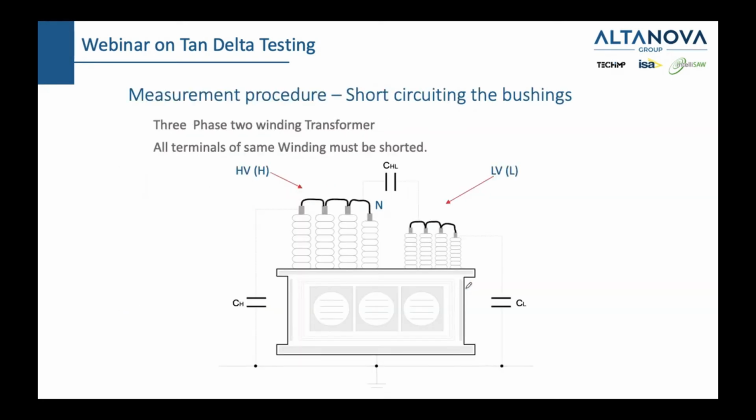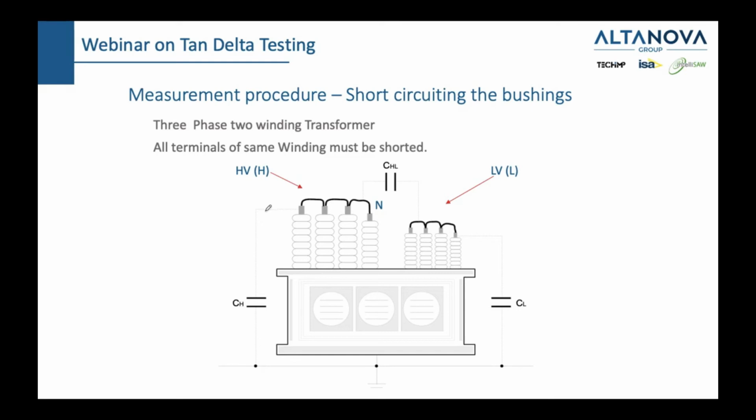So this is showing you how the short circuit is done on the primary side and on the secondary side. For this example we are taking a transformer which has a primary and secondary side. As you do this, you create a situation where you have, as we spoke before, three capacitors.